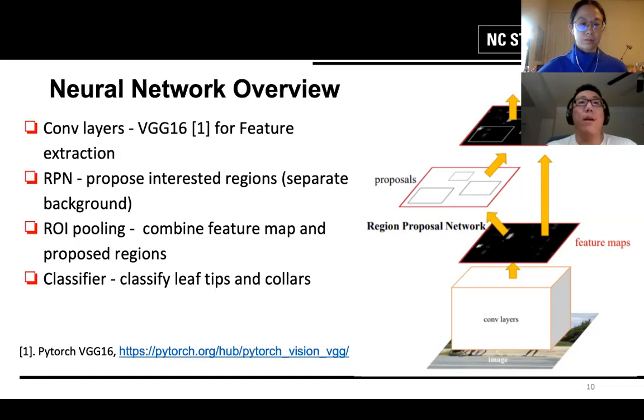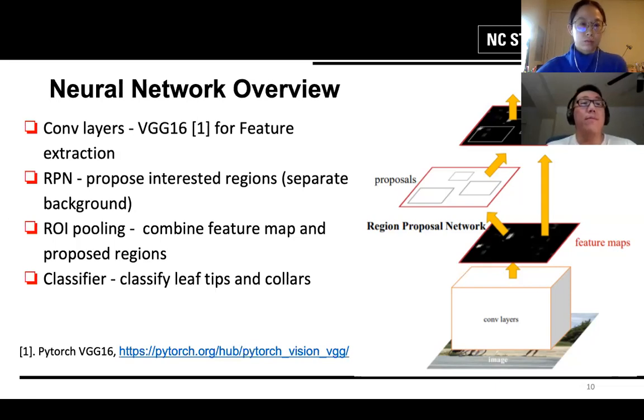A certain number of anchors are generated for one feature location, and this number is configured for different applications. One set of output of the RPN is bounding boxes, and another set of output is the class indicating whether this bounding box belongs to the background or the foreground.